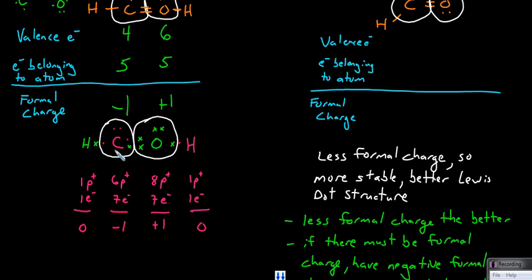We could see that carbon only brought 4 valence electrons to the table. These purple electrons, these are the ones that carbon brought. Yet, we can see that there are more electrons within the sphere around this carbon. There are more electrons belonging to it or assigned to it than it brought. There are 1, 2, 3, 4, 5 electrons belonging to it.